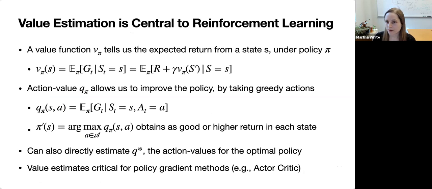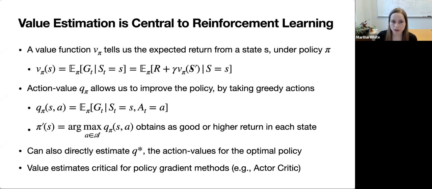And so you can see since the goal is to estimate, or to maximize, this expected return, that is actually called the value function, and it's why value estimation is so central to reinforcement learning. So most algorithms rely on value estimation in some way. So let me just tell you what the value function is that we're going to try to estimate. So value function v_pi tells us exactly this expected return that I just described. So it says if I was in some state S and I were to follow policy pi from this state, so I were to take actions according to policy pi, this is the return I would expect to see into the future.